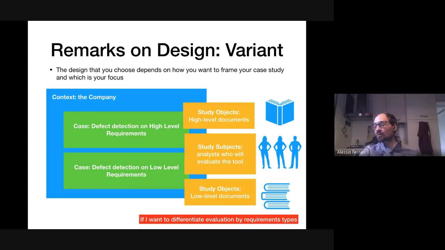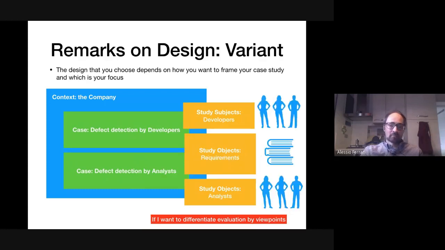Because probably my tool, because requirements are different in terms of level of abstraction, may work well for a certain type of requirements and might not work well on the other type of requirements. Okay, this is to give you an idea on how the goal that you have in mind may modify your case study, make it more refined, and lead you towards an embedded case study or a holistic one.